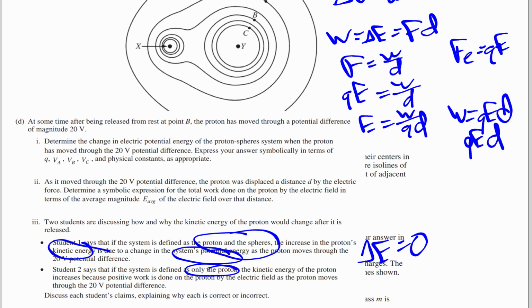There's a change in energy of the proton from the spheres, so work is done on the proton by the electric field. So if we look at just the proton, there's work done on it, increasing its energy. If we look at the proton and the spheres, the proton gains kinetic energy from the system's potential energy. They're both saying the same thing, just a different way of saying it.